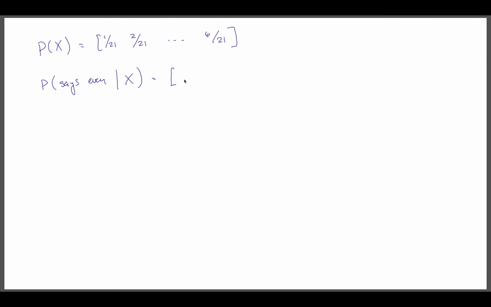Well, if the die roll were actually 1, that's odd, so your friend should say it's odd, but with probability a quarter, your friend lies and says it's even. If it's 2, he should say it's even, but with probability a quarter, he lies, so he only says it's even with probability 3/4. And we can just fill it out that way until we get to the end. And so again, we can represent the evidence that we've gotten as a table.